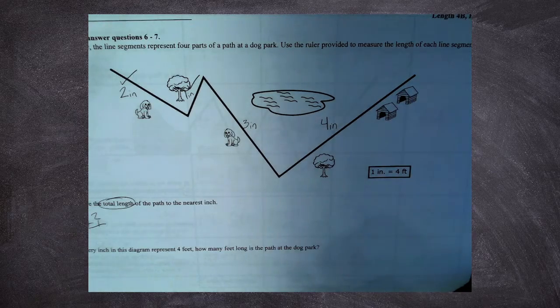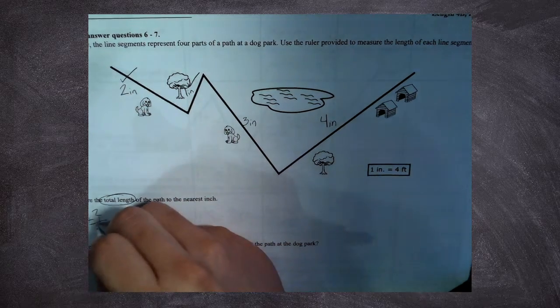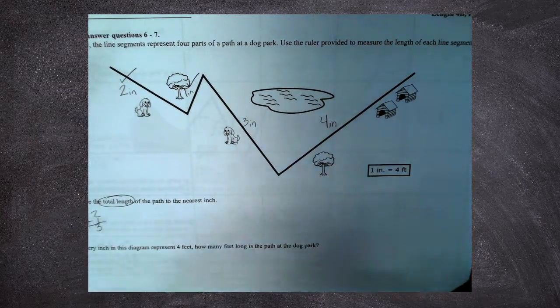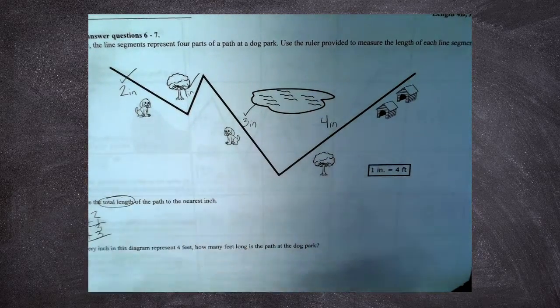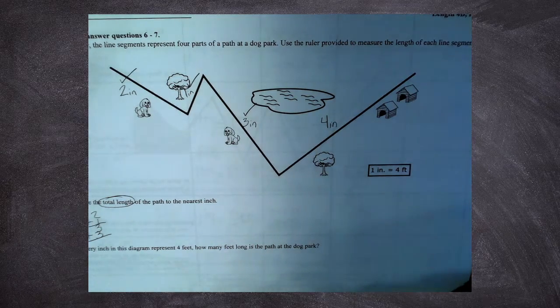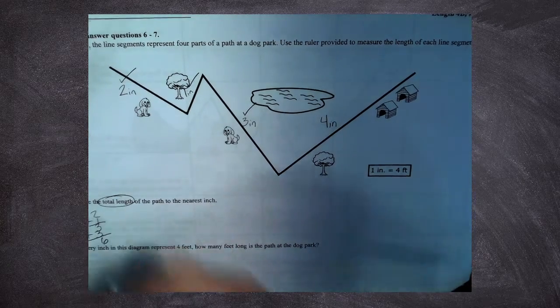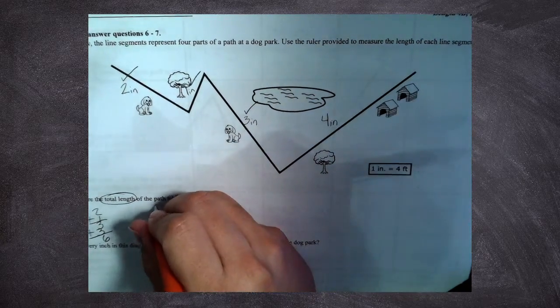Chase? 3. 3. I'm going to add the next part. 3 plus 3. What's 3 plus 3? Noah? 6. 6. Okay.